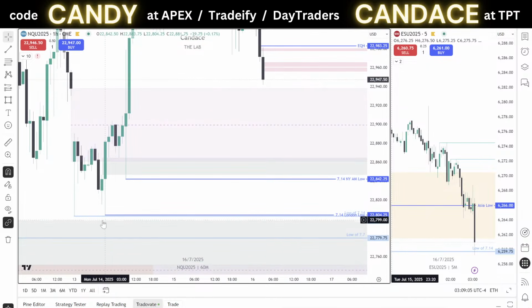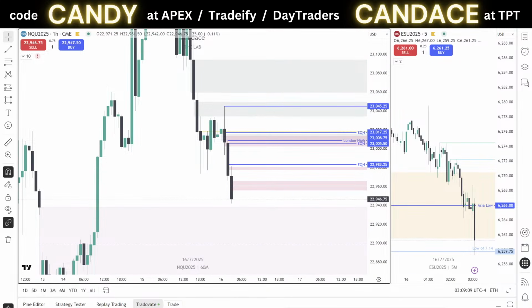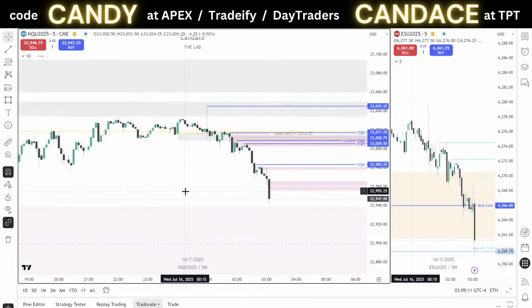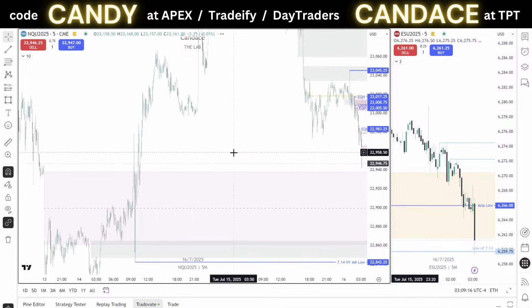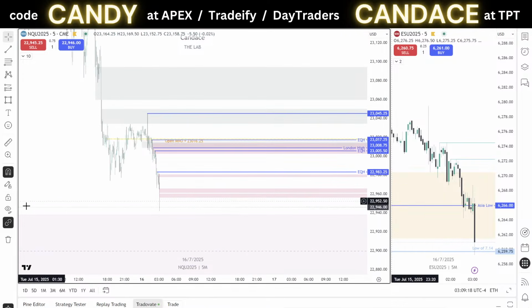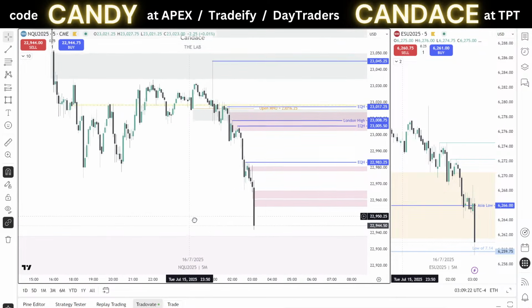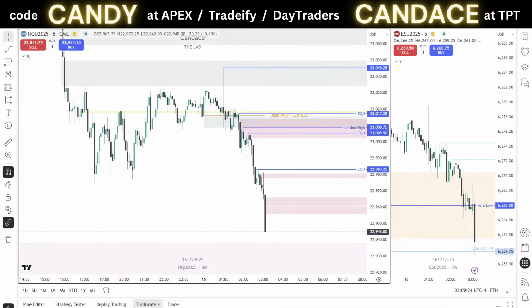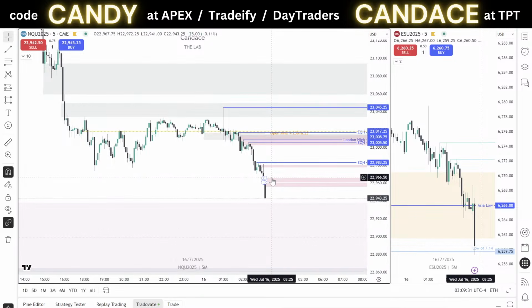We got a relative equal low here. Right now I'm just waiting for another setup. Because honestly, even if you want to short, who is going to short in the middle of the range? I mean, not crazy.